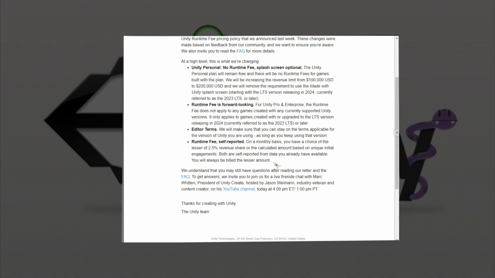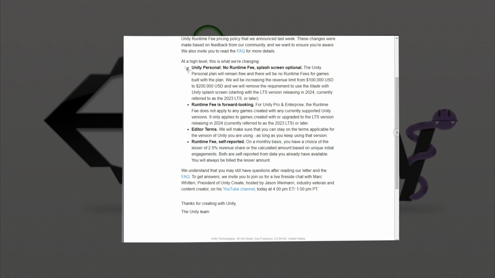Also, I think we developers need to show Unity Technologies that, as game developers, we need to be honest on these particular options.